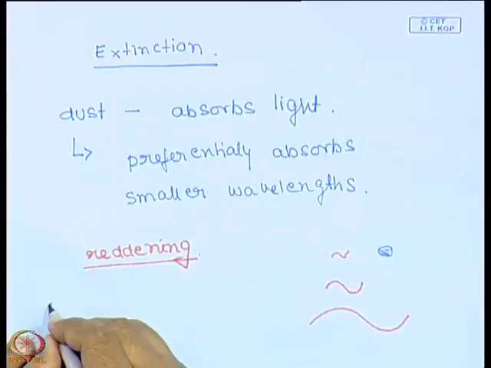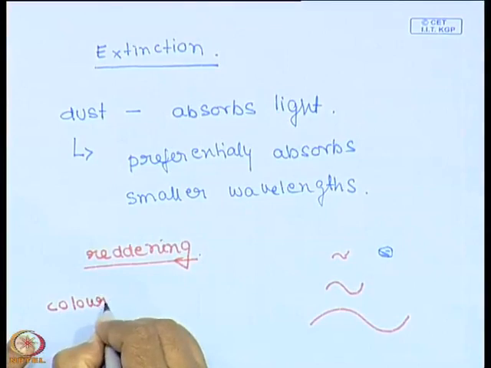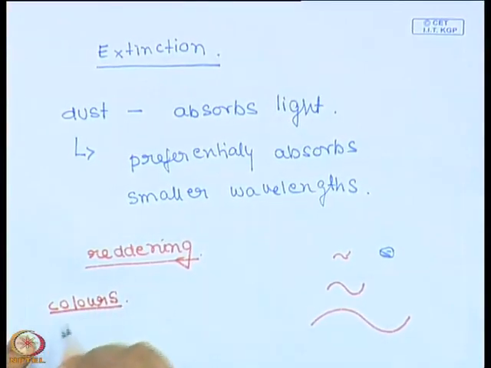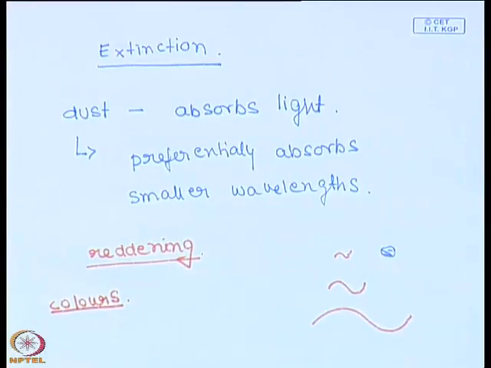So, when you are looking at astronomical sources through dust, they will appear redder relative to what they started out with. And this is then noticeable in the colors. So, the color gets redder. So, not only does the magnitude increase, but the color also increases, it gets red.